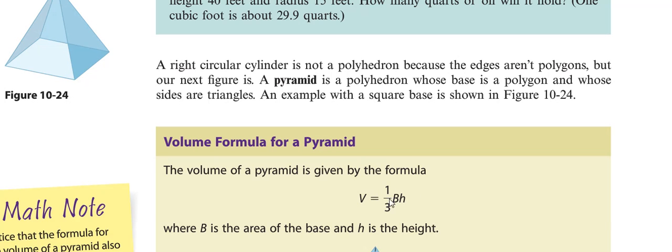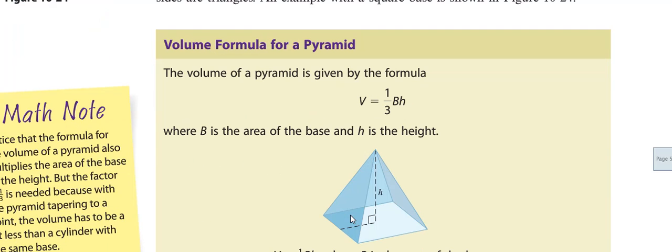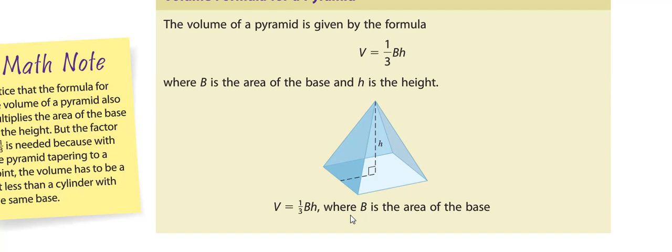Once again, the base, L times W, then times the height, and the height has to be what we call a perpendicular height. So then you multiply everything by 1/3. Okay, as you can see, the height represented, as I said, is the perpendicular height. Drop that line straight down to be perpendicular to the base.